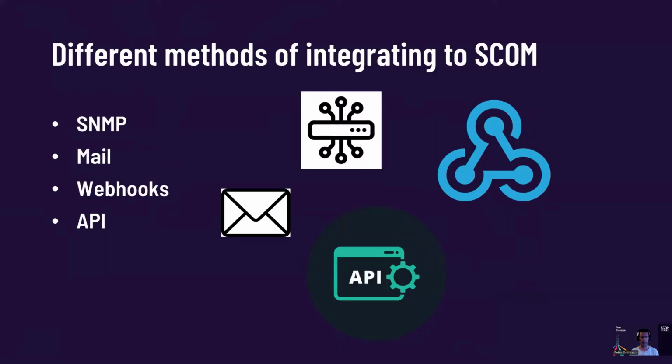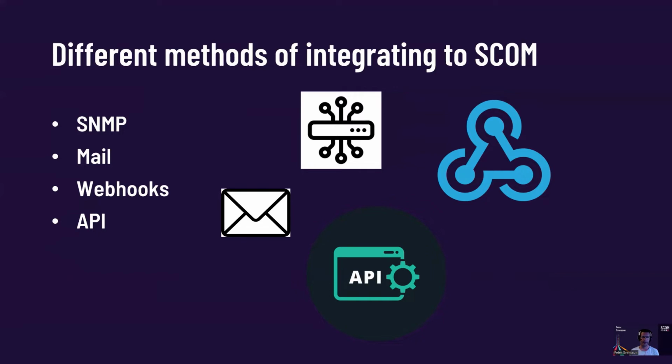Then we're going to talk a bit about different methods of integrating with SCOM. There are a bunch of methods that you can use. There could be SNMP traps, for example. That's also pretty common, or was pretty common. And then you have other systems that can maybe send mail.